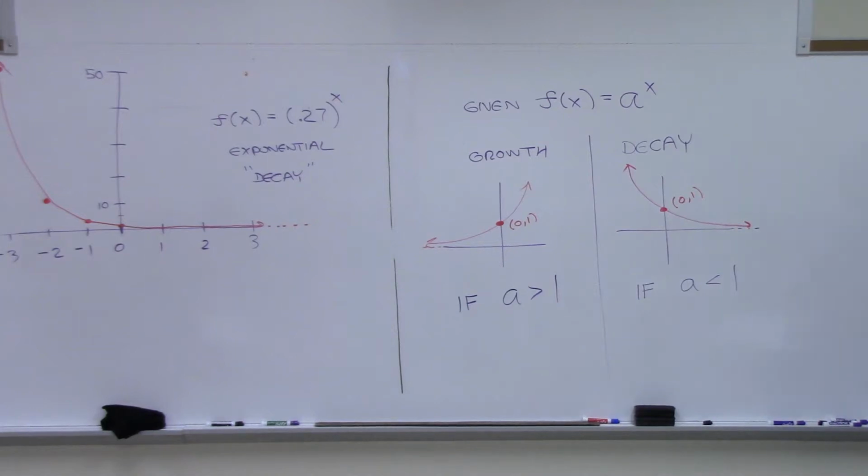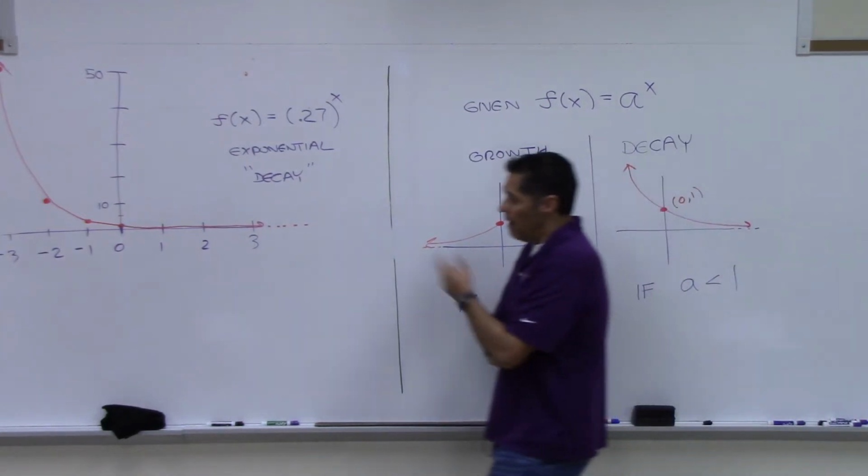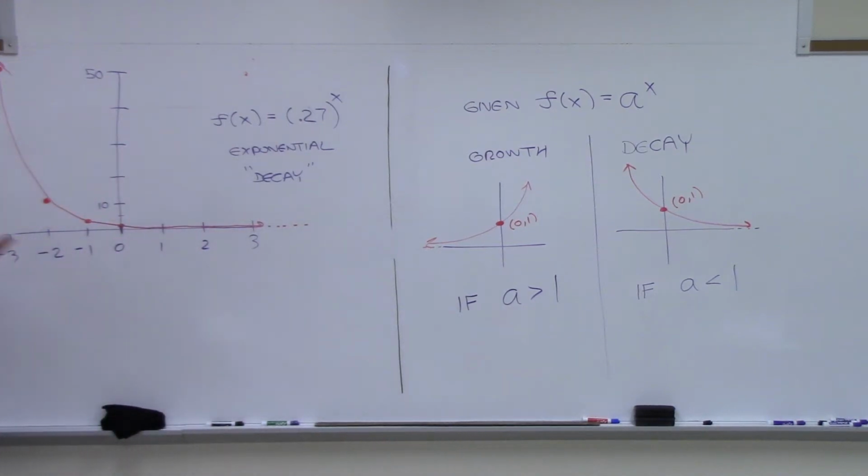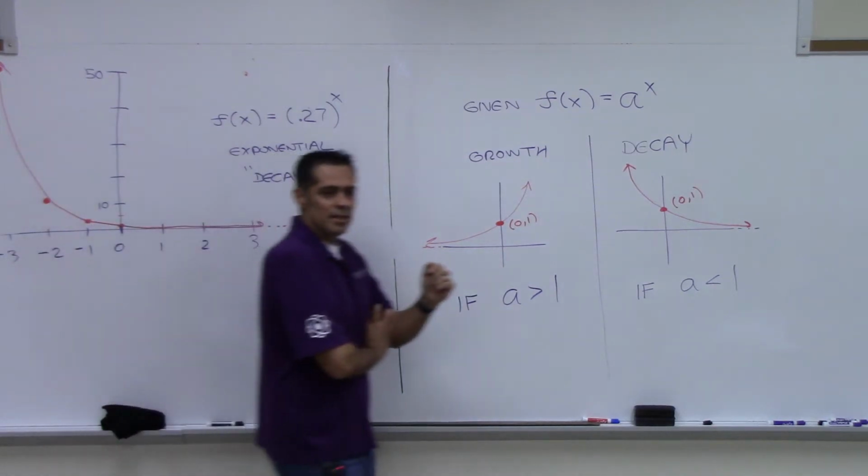So normally in a college algebra class, I have some flexibility on how much I want to talk about this and how in-depth I want to get. But because of the things that are going on in the world today, I think it might be worth it for us to talk about exponential decay.